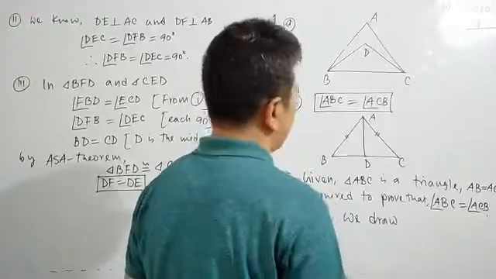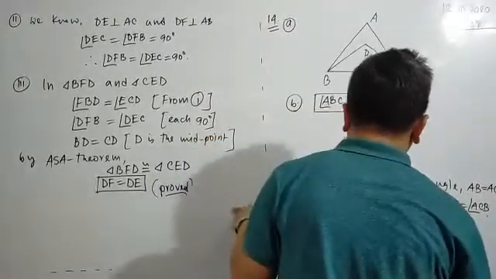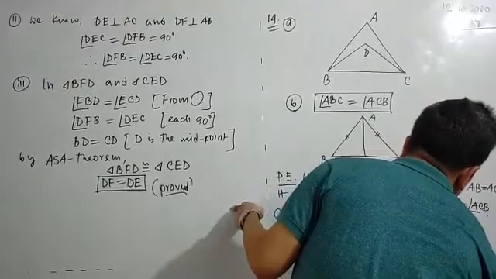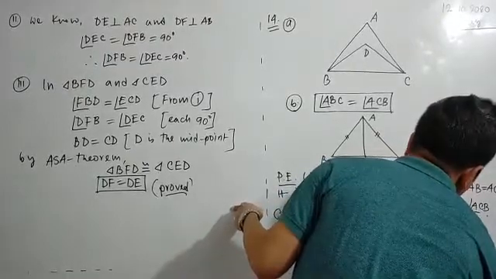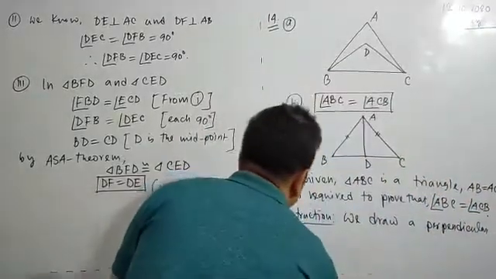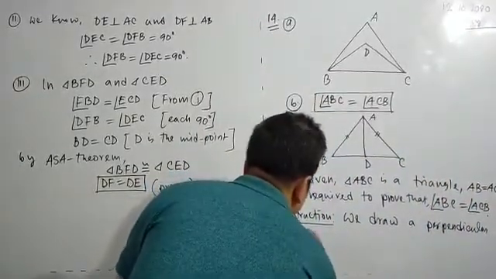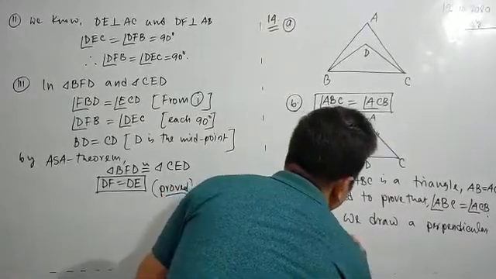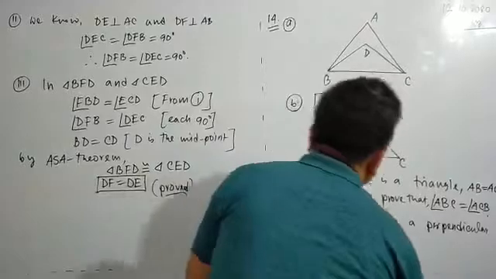So we draw a perpendicular bisector AD of BC.